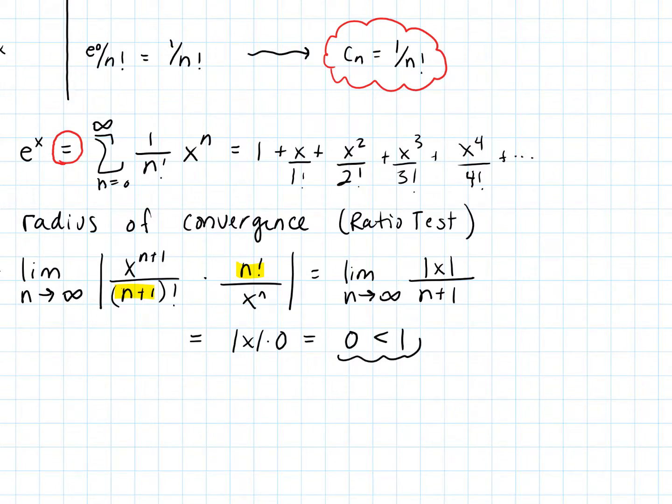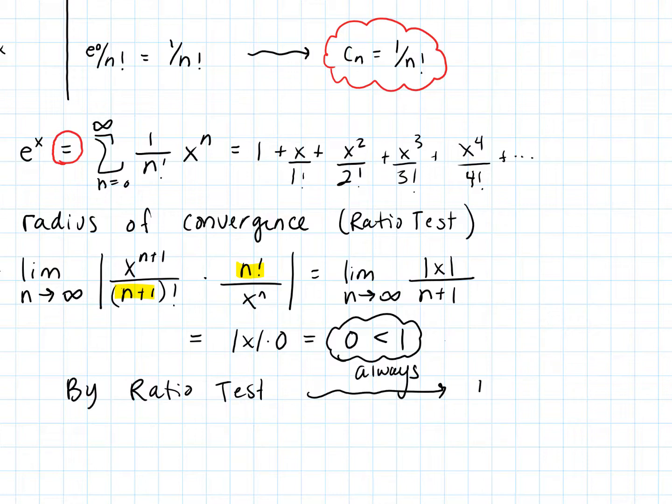And 0 is less than 1 always. Ratio test here, criteria for the ratio test: 0 is less than 1 always, and so therefore this is always true. And so by the ratio test, the radius is actually infinity.